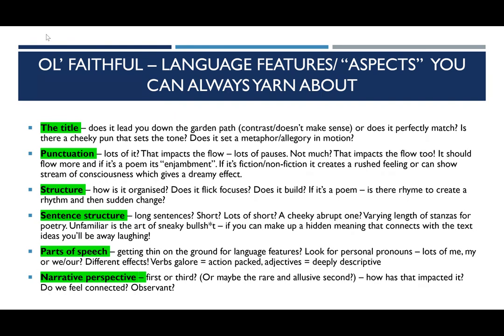It can show a rushed feeling, it can show a dreamy sort of effect, and it impacts the structure of a text. So punctuation, always there. If it's not there, you talk about it. If it is there, you can talk about it. Rhetorical questions come under that. Questions, exclamations, dialogue is shown through plenty of speech marks or quotation marks. So punctuation is super handy. Get used to trying to find it.